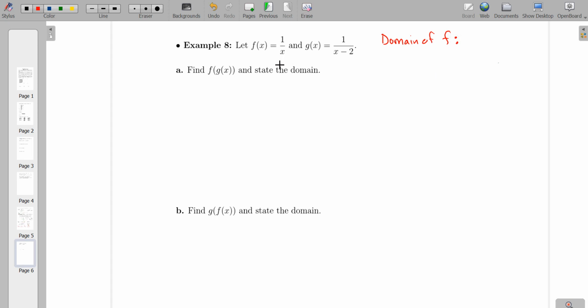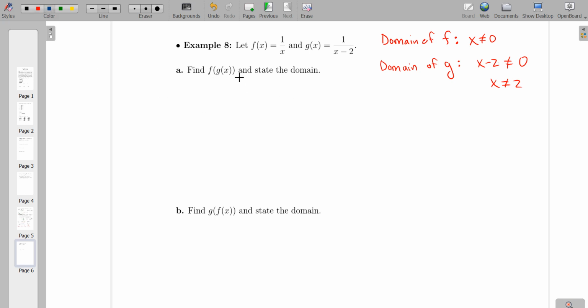F's pretty easy, right? We don't want to divide by 0, so no algebra to do there. We're just saying make sure that x is not 0. For the domain of g, it's important that x minus 2 not be equal to 0, which means x should not be 2.